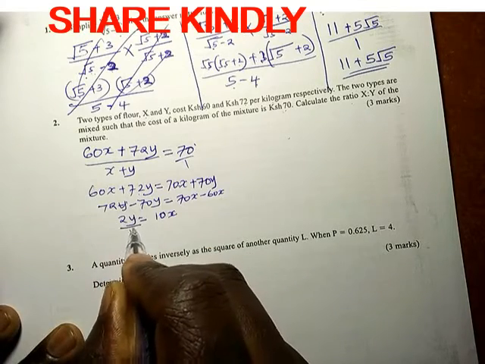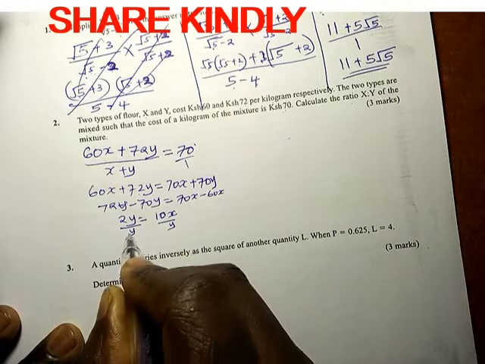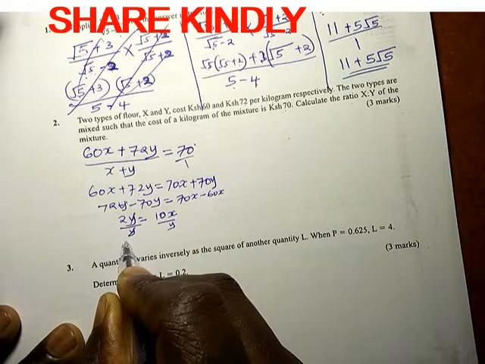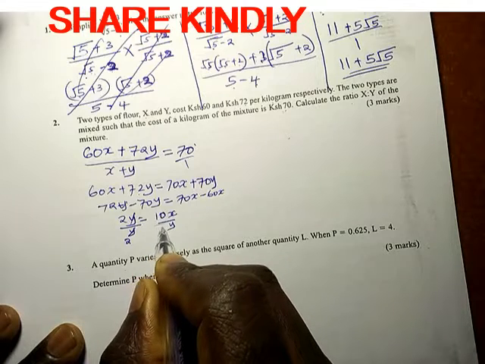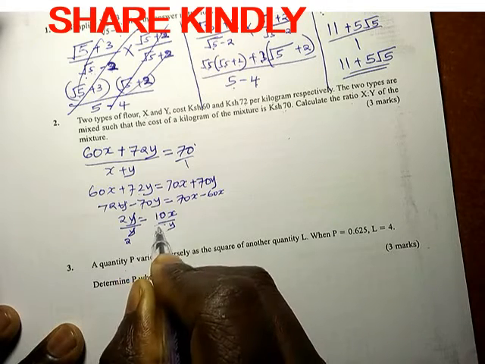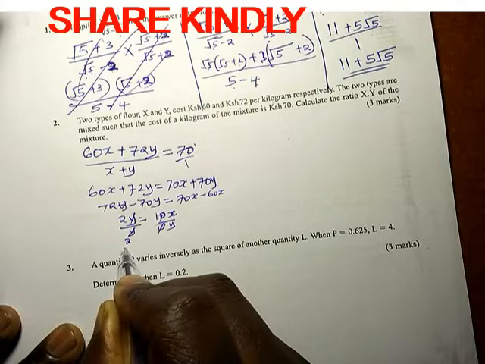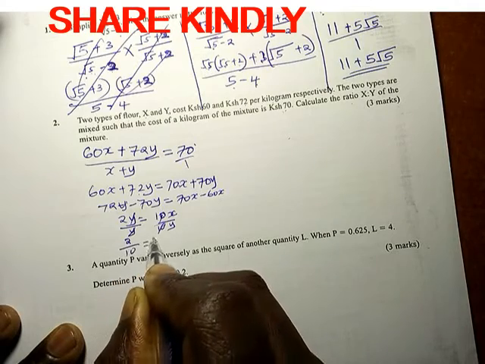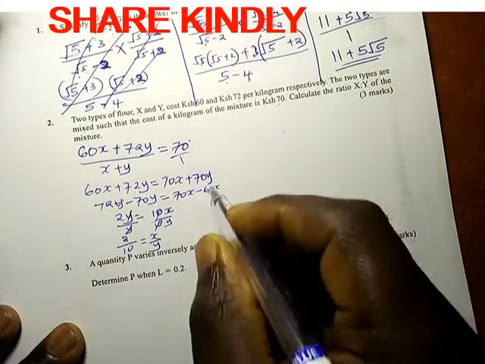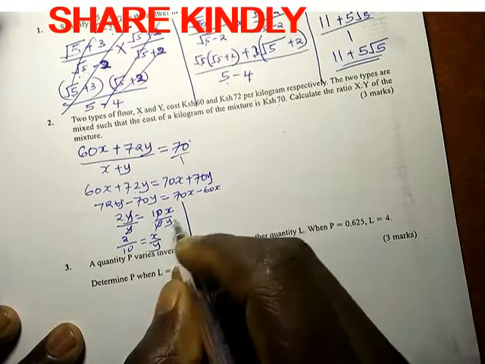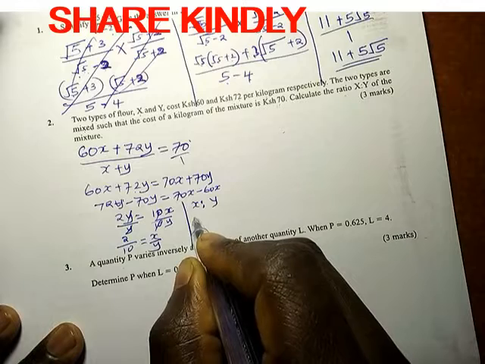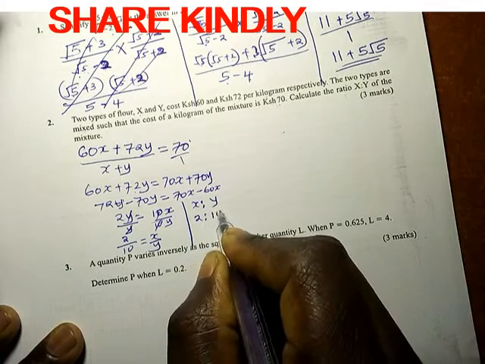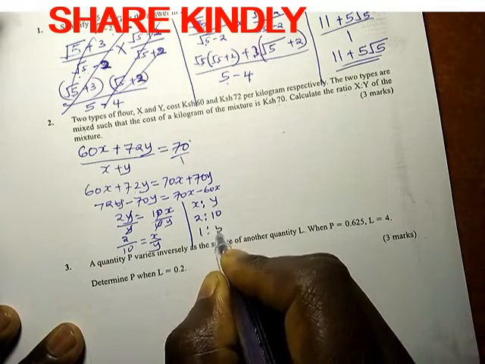So we divide by y here, divide by y. This one goes. So we have 2 over 10 equal to x over y, after dividing by 10 both sides. So this simply means x to y is 2 to 10, which is 1 to 5.